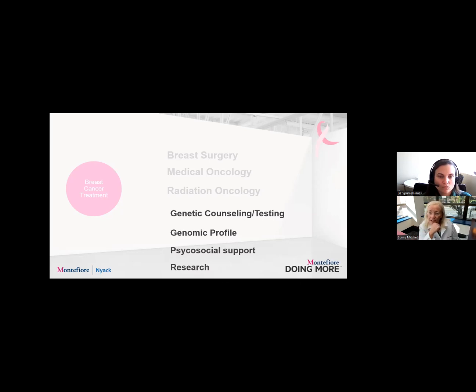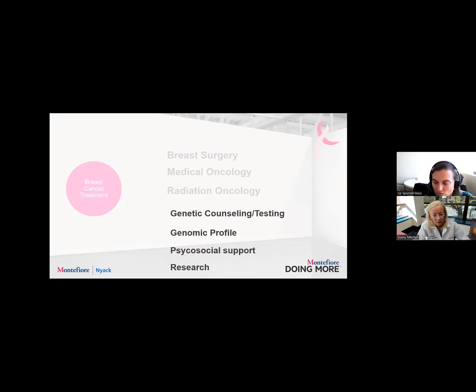Which brings into play, and we're just taking this backwards, the importance of breast screening. The current standard of care for screening is an annual mammogram starting at age 40. We often incorporate an ultrasound into that yearly mammogram, especially for women with dense breasts.